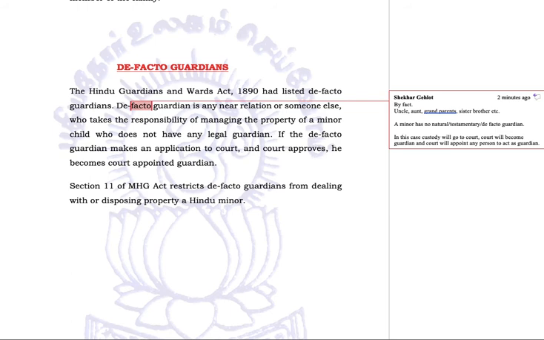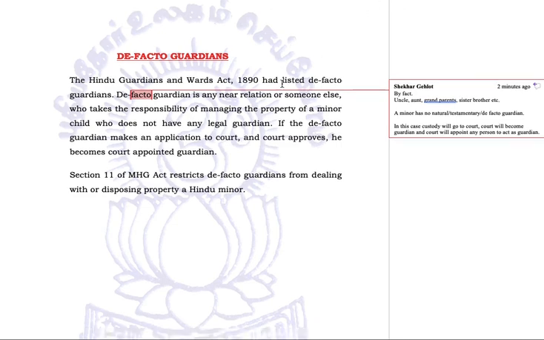Any person doesn't mean any person walking on the road, but any sensible person, any officer, or any person who will be willing to become the guardian and who has the capacity to act as a guardian as well. So, court will appoint such person as a guardian.